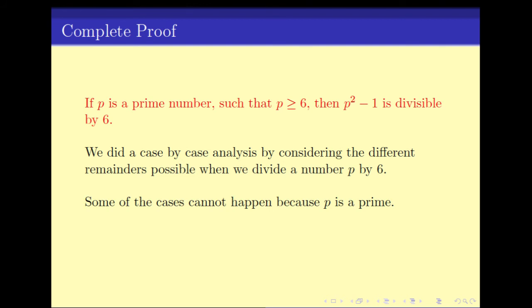Some of the cases cannot happen because p is a prime, and we threw them away. We were left with 2 cases, and for those 2 cases we did a case by case analysis. This is one more example of a case study proof.